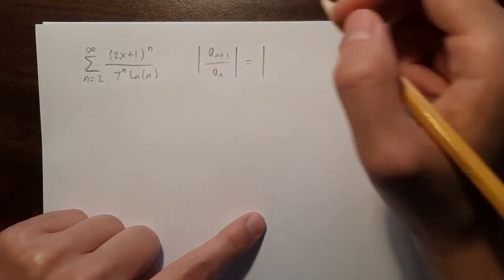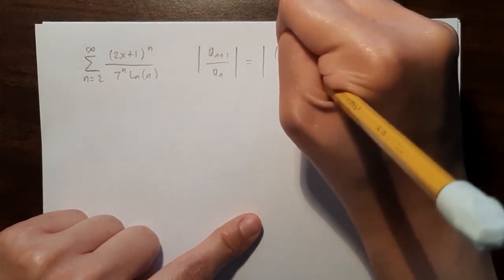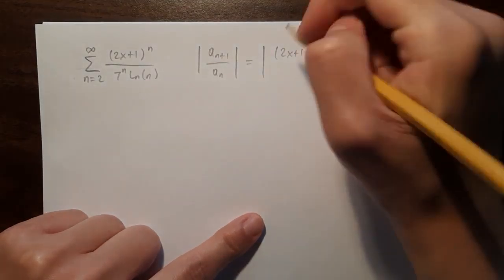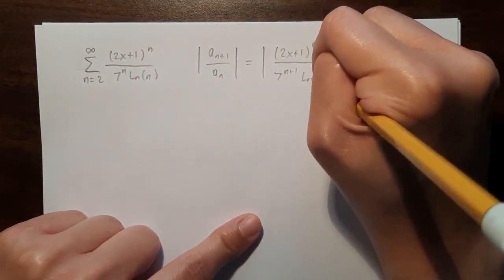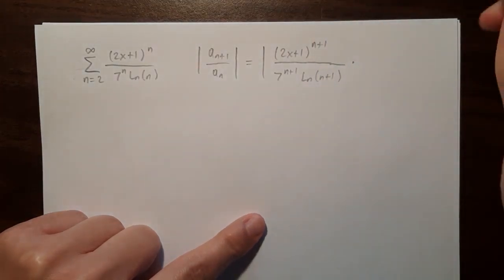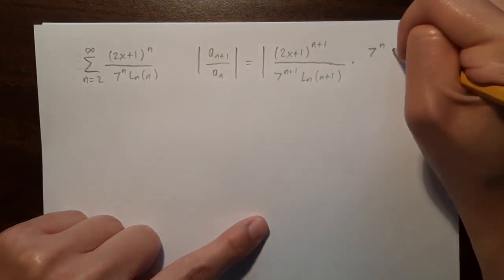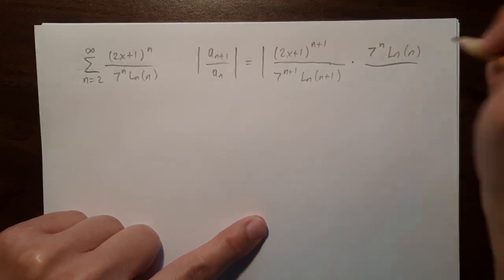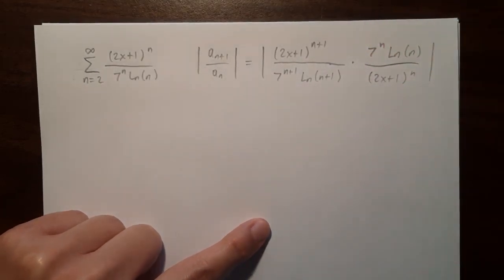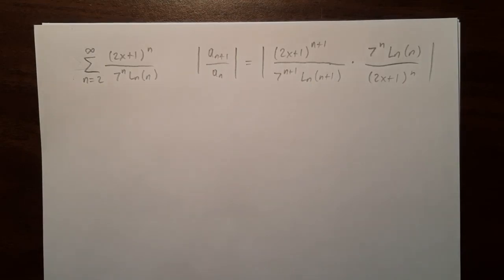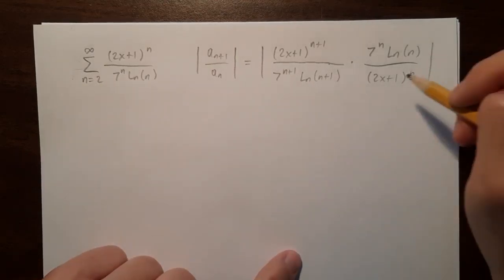So what do we get in this case? I think we're going to get this piece to start off, and then we multiply by the reciprocal of the original. So 7 to the n ln of n divided by (2x plus 1) to the power n. All right, so let's see what cancels out.